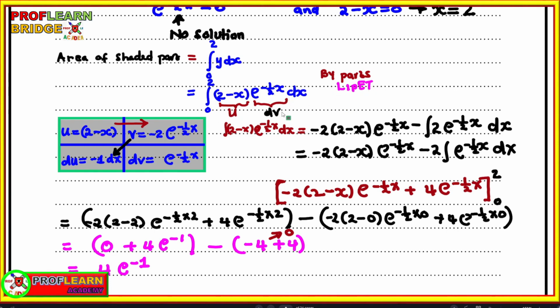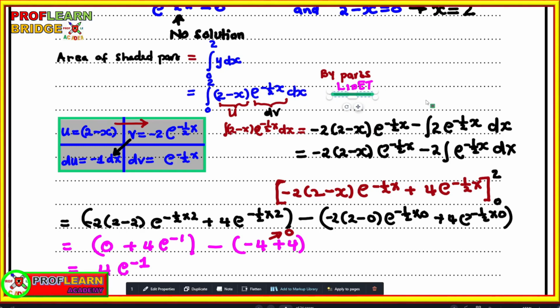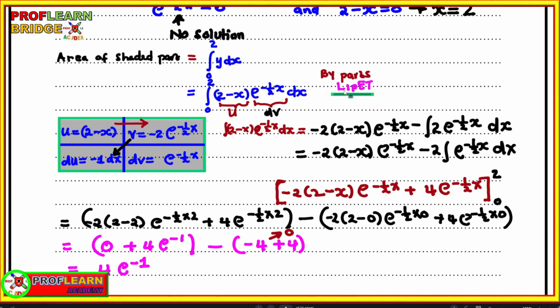So we have u and we have dv, and I've used LIPET, which enables us to decide which one is our u. If you see a natural log, that would be u. If it happens that in your function you first see an inverse trigonometric, that is going to be u.